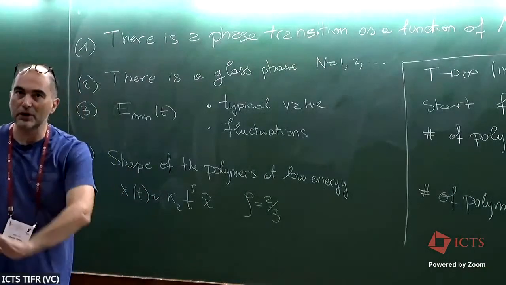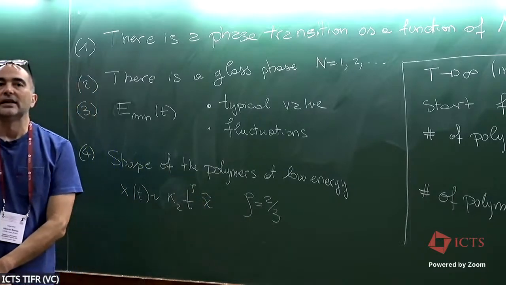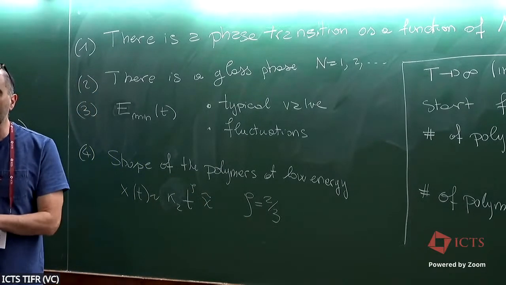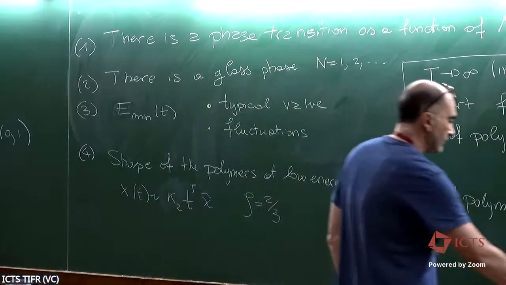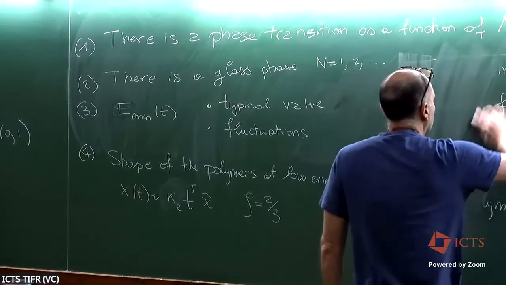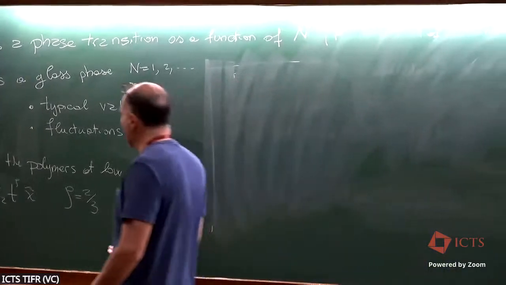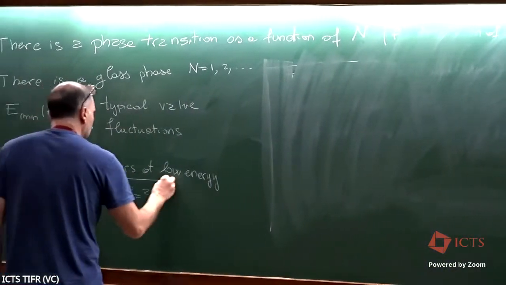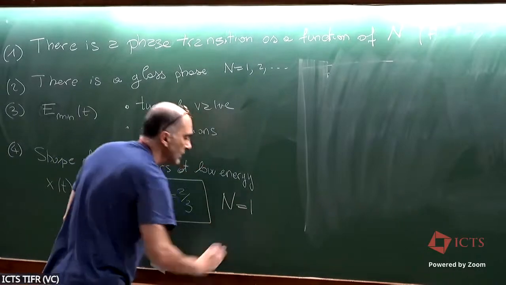This I'm not showing now, it will show you numerically, okay? It is a result that is known exactly, and it has a consequence in the ground state energy. So this is the zeta that you measure when n is equal to 1, okay?